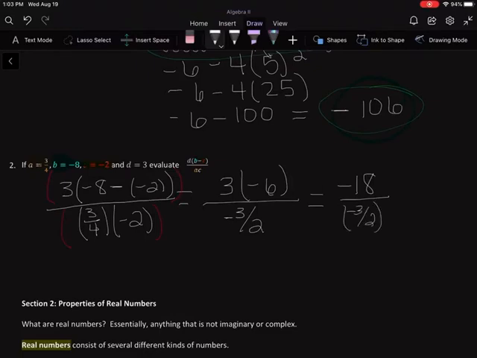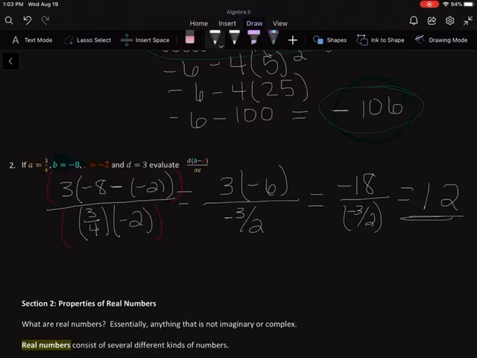Hopefully we all know how to use the fraction button in our calculator. If not, I'll show you in person. So I have -18 divided by -3/2. And that's going to give me a 12. And that's my final answer.